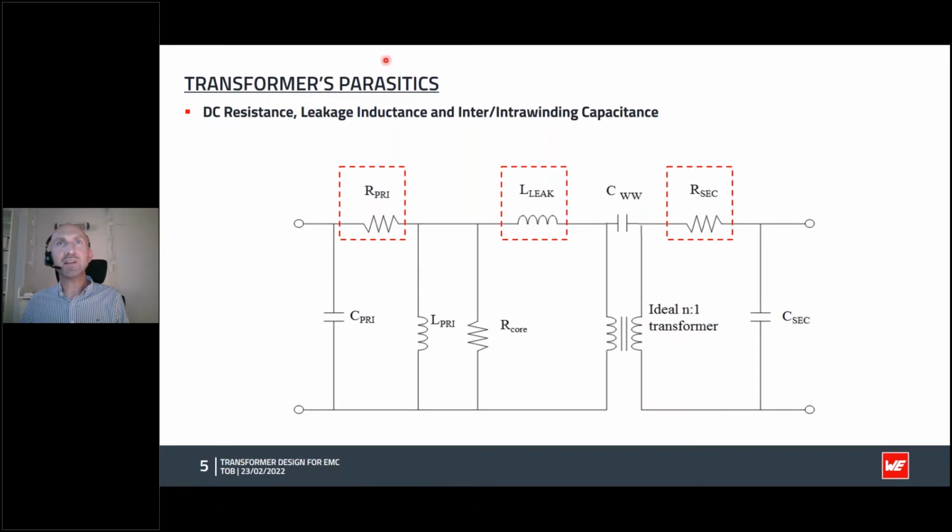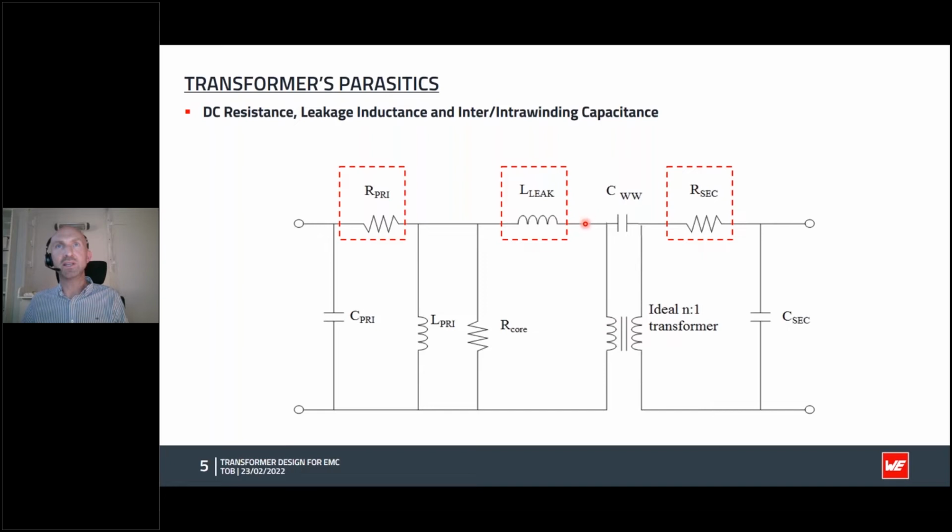Then we have another parasitic called leakage inductance. So when we have a transformer, not all the primary and secondary will be perfectly coupled, and that imperfect coupling is called leakage inductance, appropriately. So that inductance is inductance that doesn't couple with the secondary, and it shows up in series then with our primary winding, and can cause some issues on the circuit.